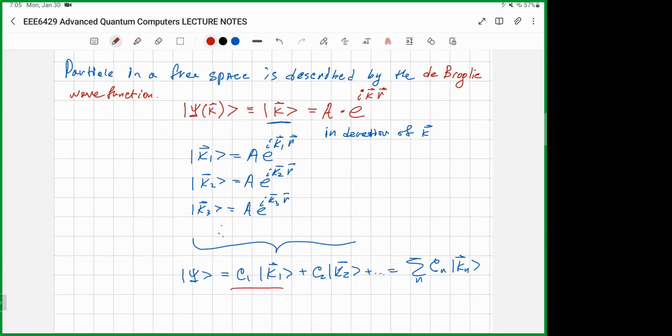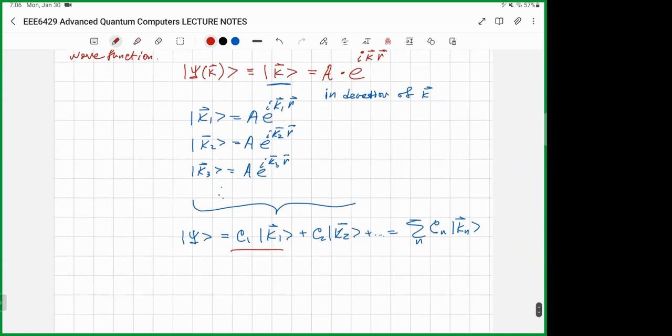And the actual state of an electron is the sum of all possibilities. Sometimes the electron can be prepared in a particular state, for example, k2. That means that the electron propagates in some direction k2.